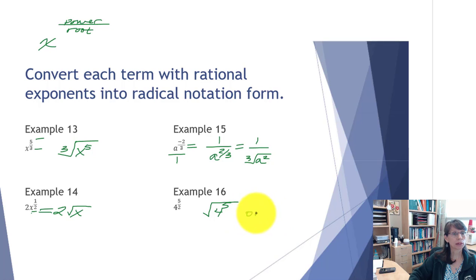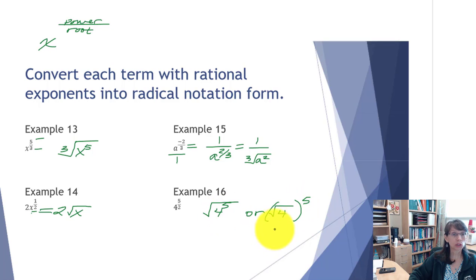So another way that we could think about writing this is to start with the square root of 4, and then whatever that result is, raise it to the power of 5. This means the same thing, but I think it would be much easier to work with taking the root of something very small instead of something very large.